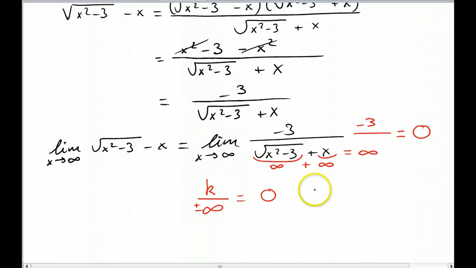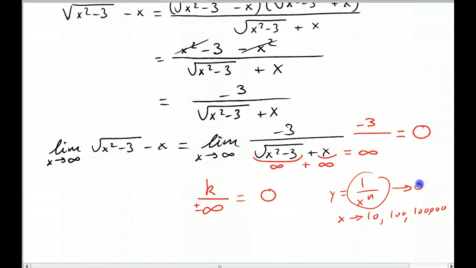To convince you of that, just look at the function y equals 1 over x, and look at it as x gets very, very large. If you take 10, 100, 1,000, 100,000, and on and on, the ratio is going to go towards 0.